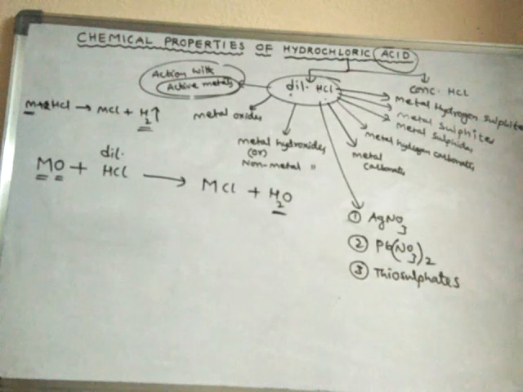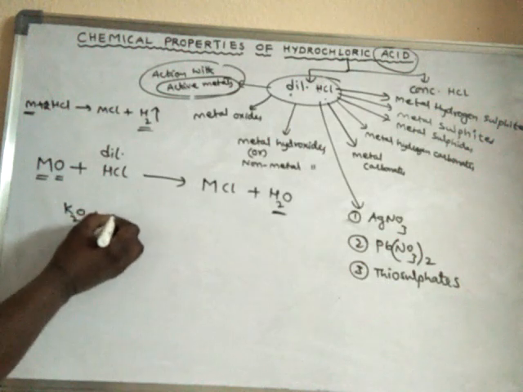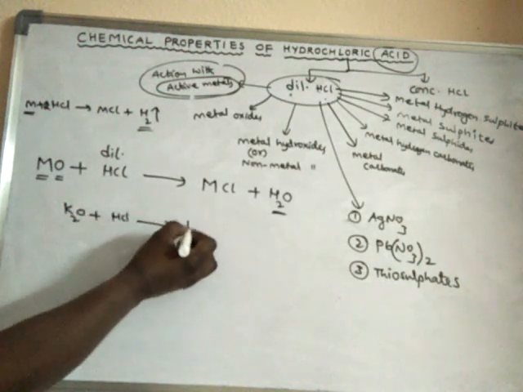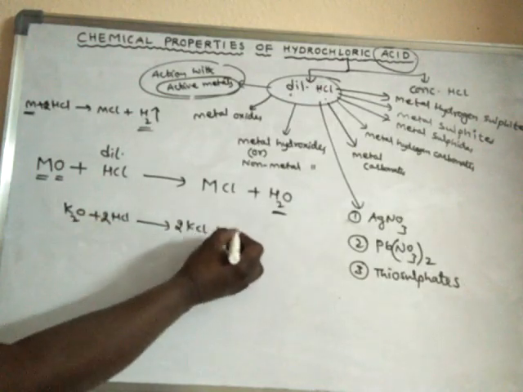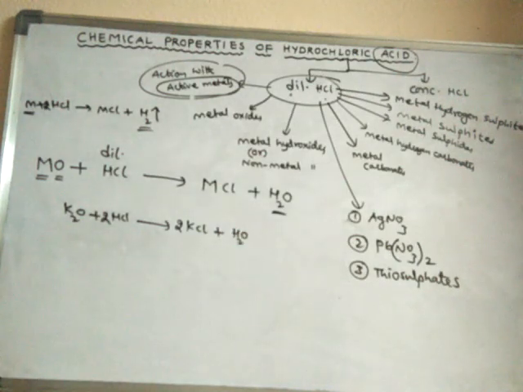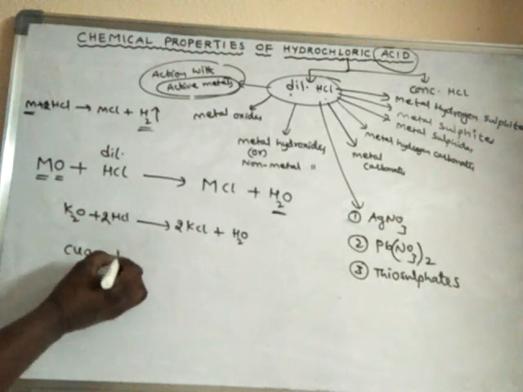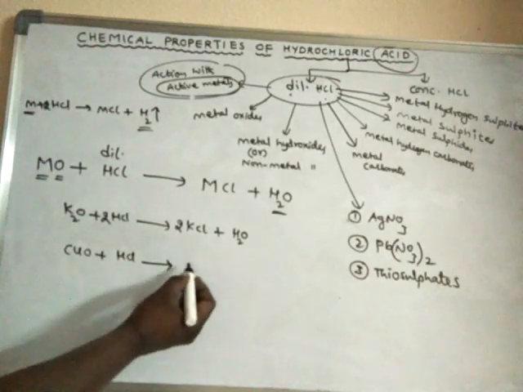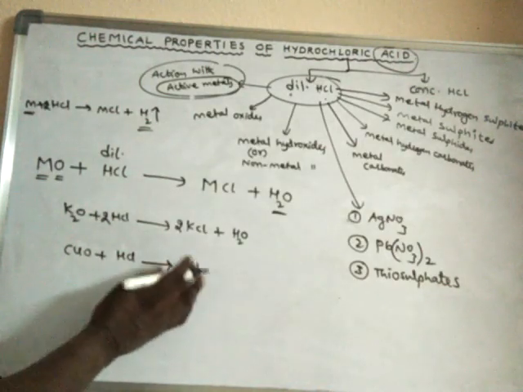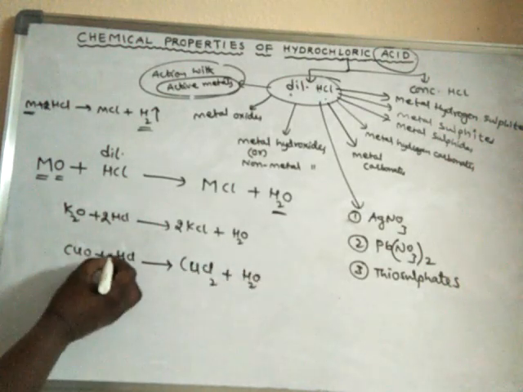For example, potassium oxide with dilute hydrochloric acid forms potassium chloride, and water is evolved in this process. Down the electrochemical series, copper oxide with HCl forms copper chloride and water.